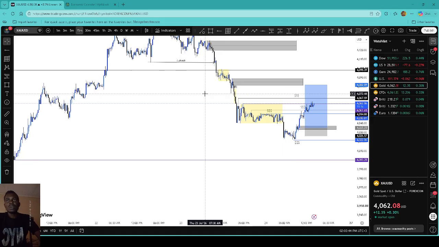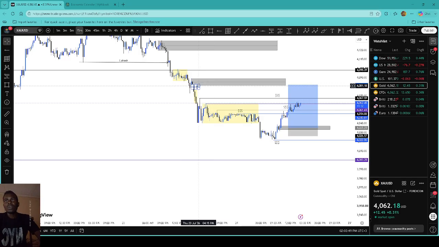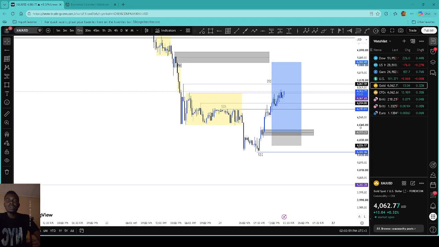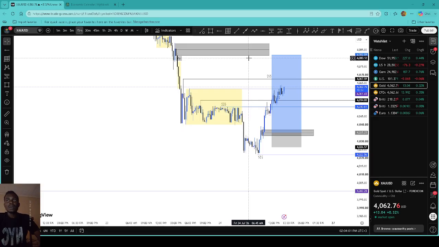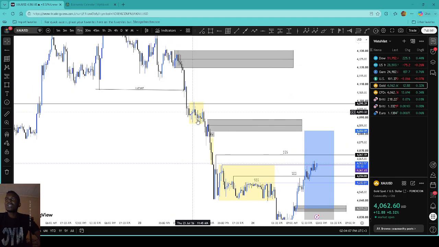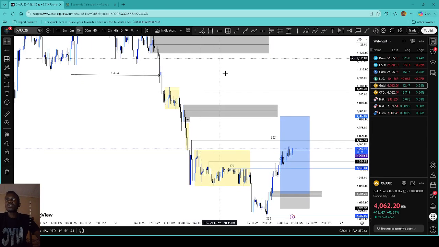For instance, if you can see my order block over here, there is a fair value gap and there is an order block. So I will expect sales on gold from this point down here. That's for a bearish order block.